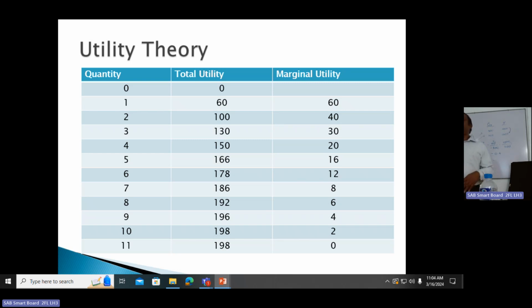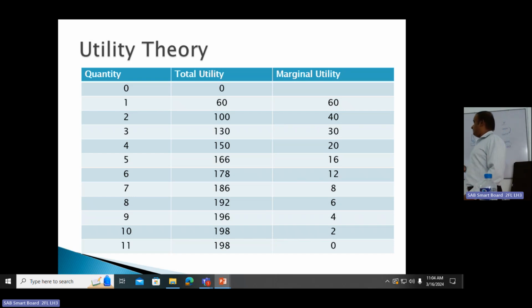In the positive area, we observe marginal utility continuously decreases. So when the consumer is consuming the product continuously, total utility increases continuously, but marginal utility continuously decreases. That's why we say it's diminishing marginal utility.